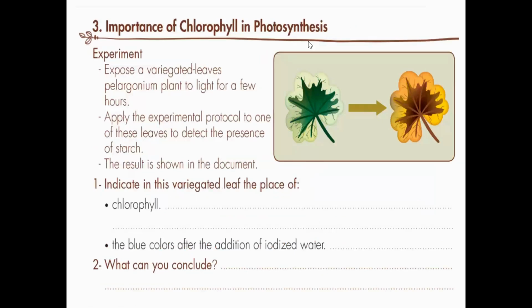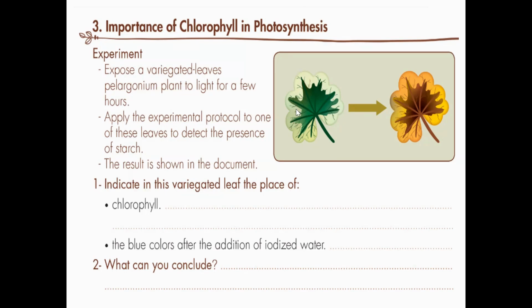In the second experiment, importance of chlorophyll in photosynthesis. The same experiment as in number two, but here we take a variegated leaf. Variegated leaf means that it is green in the middle, while on the edge it is white color. So it's not totally green.